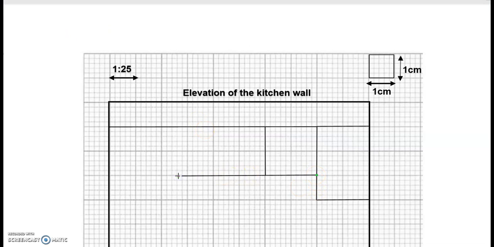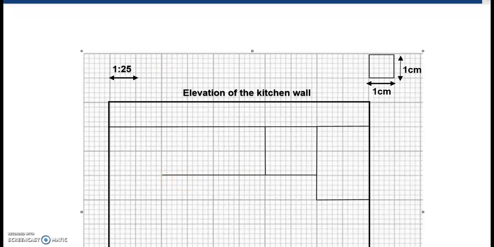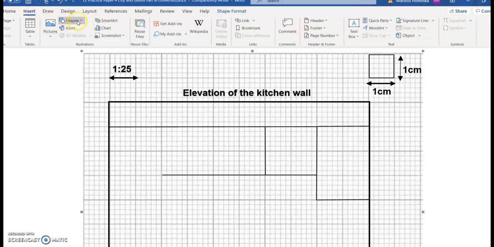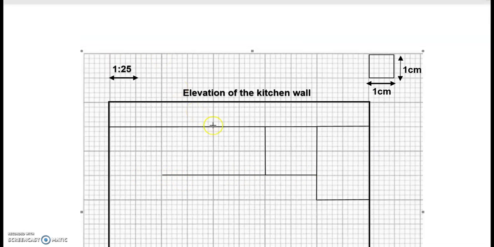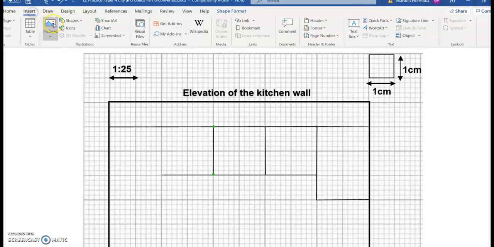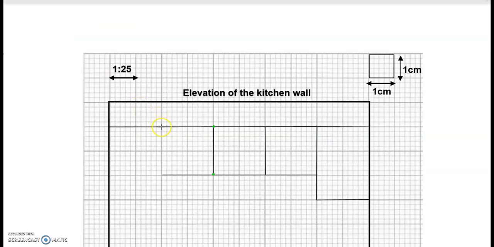And there are actually 3 of them in a row, 3 short cupboards. And there comes one of the taller cupboards as well at the end.